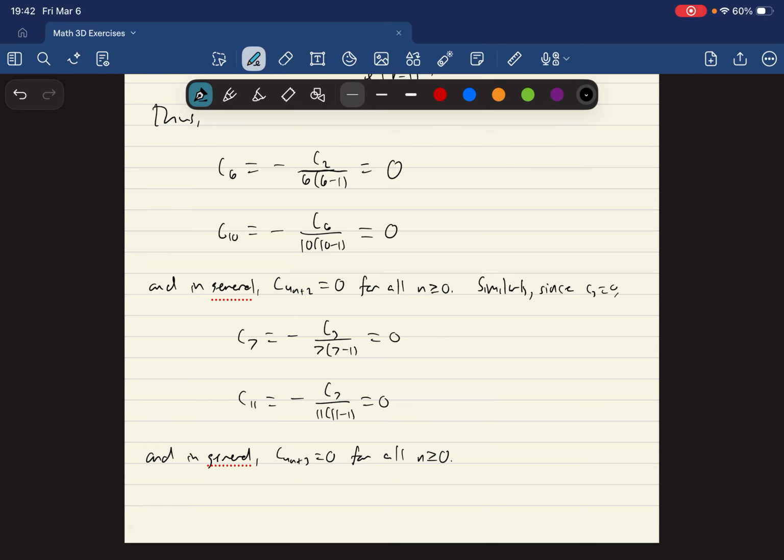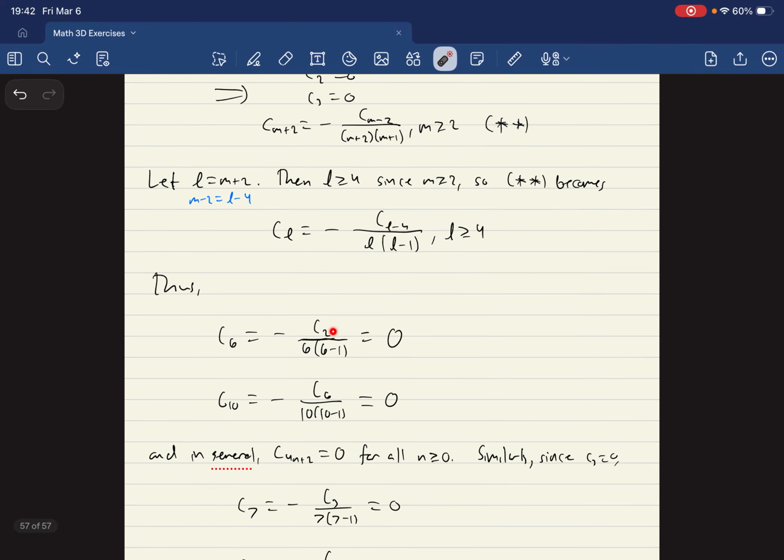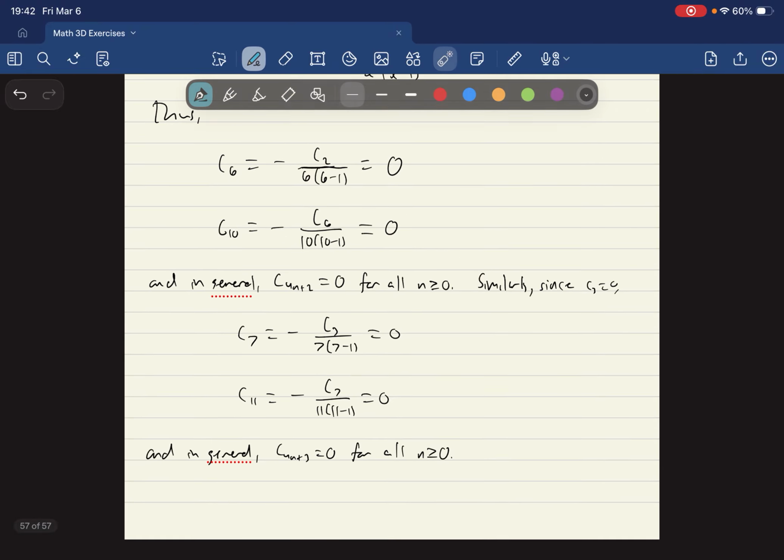Okay, but what about the other coefficients? Here we started with C2 and C3. What if we start with C0 or C1? What's going to happen? Well, let's see. So let's start with C0.